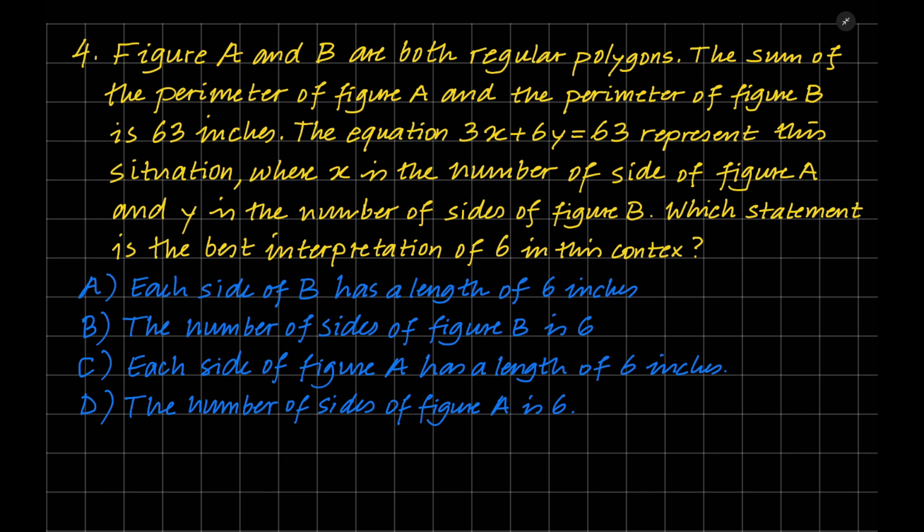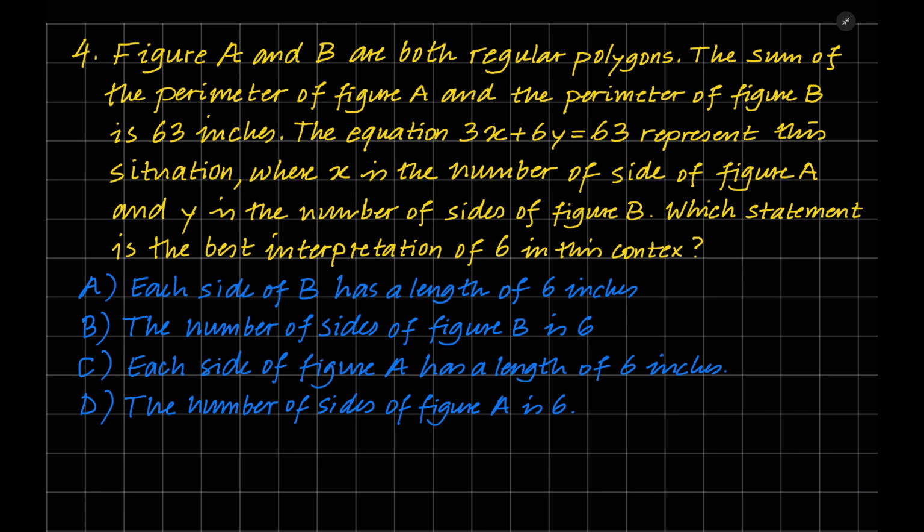A. Each side of B has a length of 6 inches. B. The number of sides of figure B is 6. C. Each side of figure A has a length of 6 inches. D. The number of sides of figure A is 6.